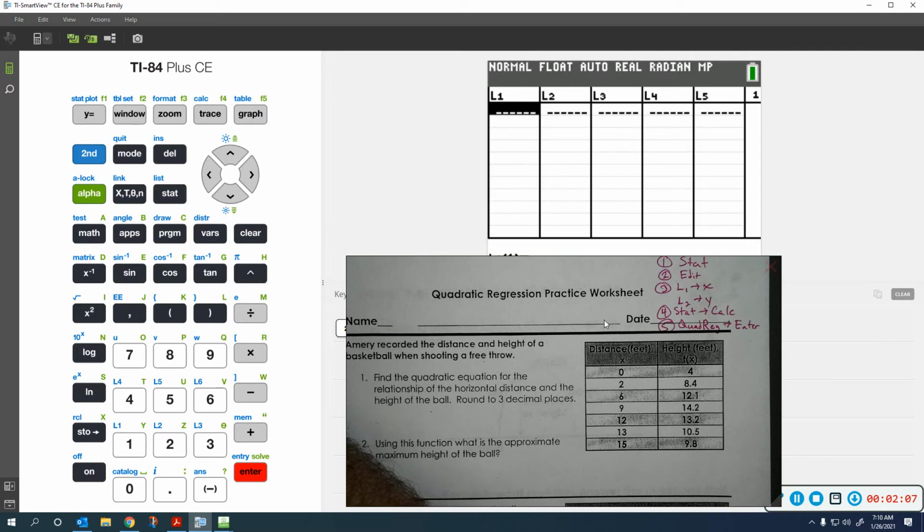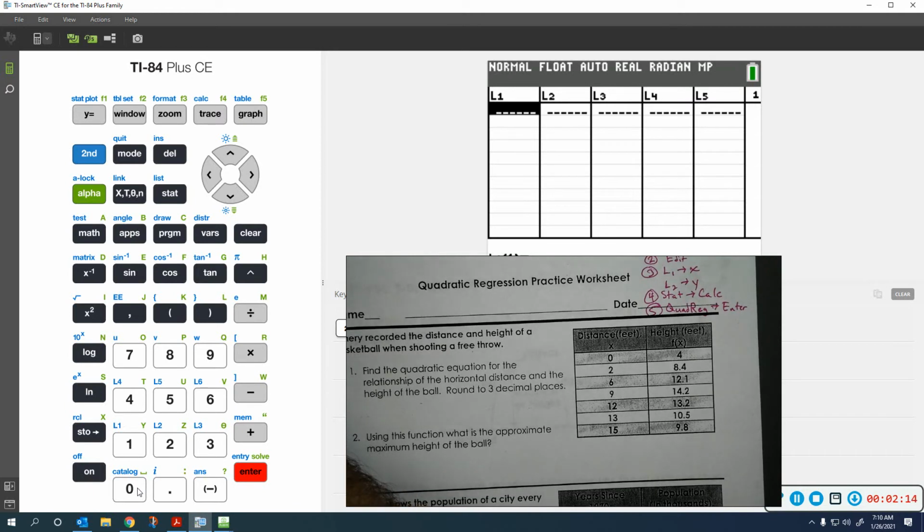So that first one. Now for our L1s, we're going to type in all of our X values. So I've got 0, 2, 6, 9, 12, 13, and 15. So type them all in.